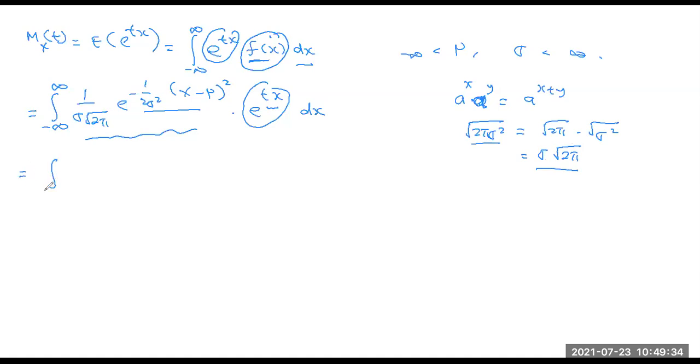So we have the integral from minus infinity to infinity of 1 divided by sigma times the square root of 2 pi, times e to the negative 1 over 2 sigma squared, into x minus mu squared. This is the PDF of the normal random variable. Then plus tx. So the bases are the same here, so we are adding the powers.